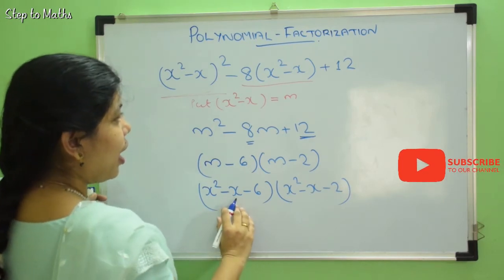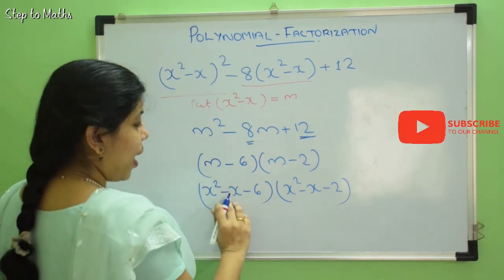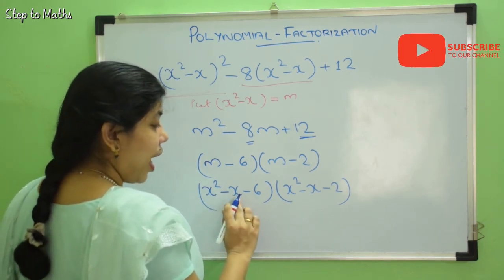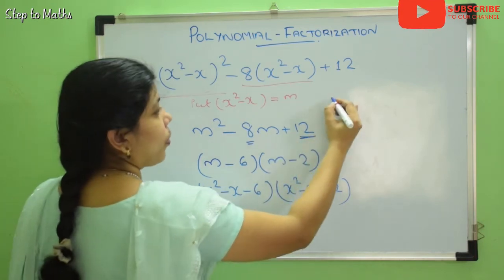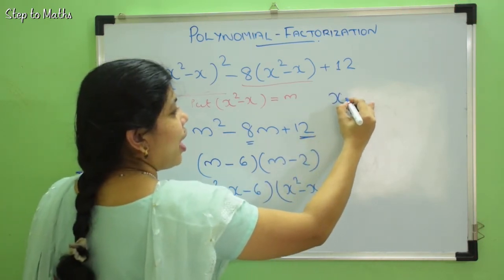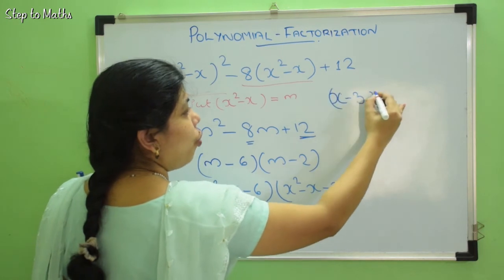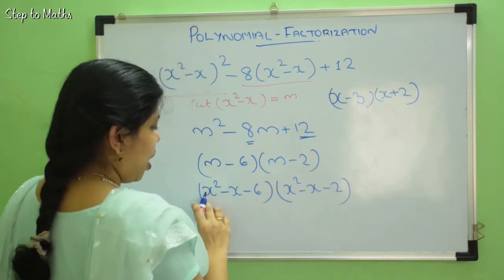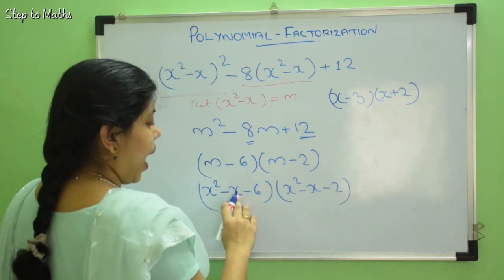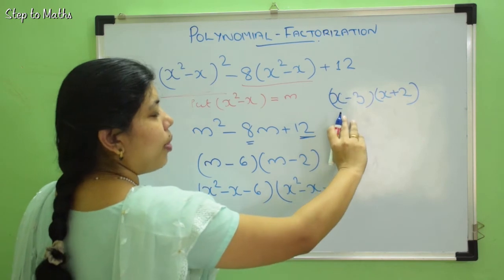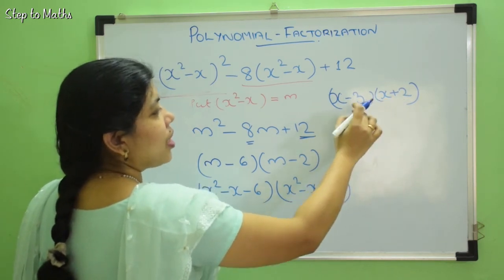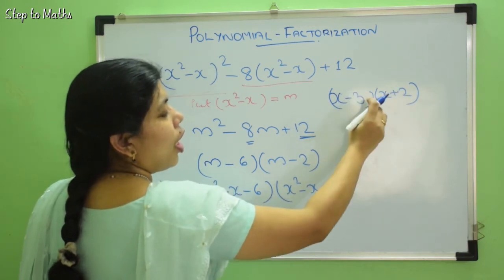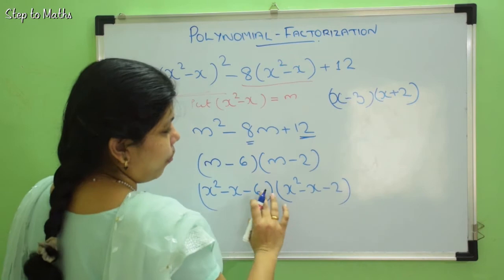So how can we write its factors? x square minus x minus 6 we can write as (x minus 3) into (x plus 2). x square minus x minus 6 can be written as (x minus 3) into (x plus 2).